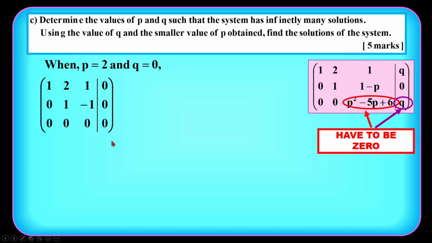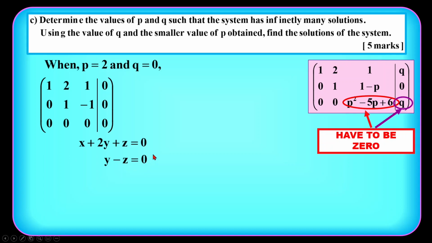So I'm going to change it back into the linear equations. The first row is x plus 2y plus z equals 0. And the second row, there's no x, 0 times x, but there is a y and a negative z. So y minus z equals 0.